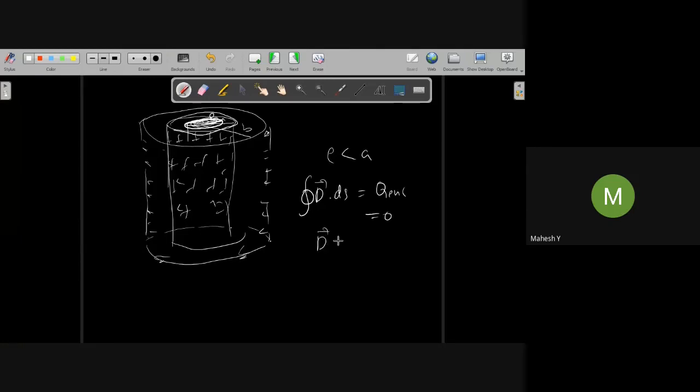Hence D will be 0 and E will be 0. So outside the coaxial cable and inside the inner conductor, the flux density as well as electric field intensity will be 0. Okay. Now let us solve a problem regarding field due to a coaxial cable.